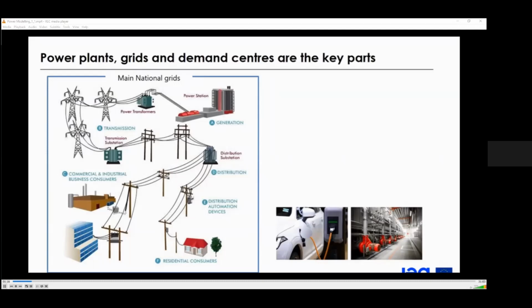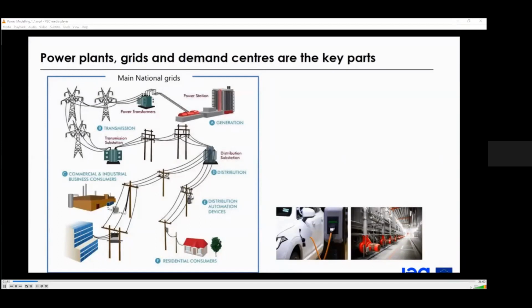Second, on the supply side of things, where this electricity is produced. So these are the generation facilities. And third, between those two groups, you have the grid: transmission and distribution grids, and other related infrastructure, that connects those two broad groups.